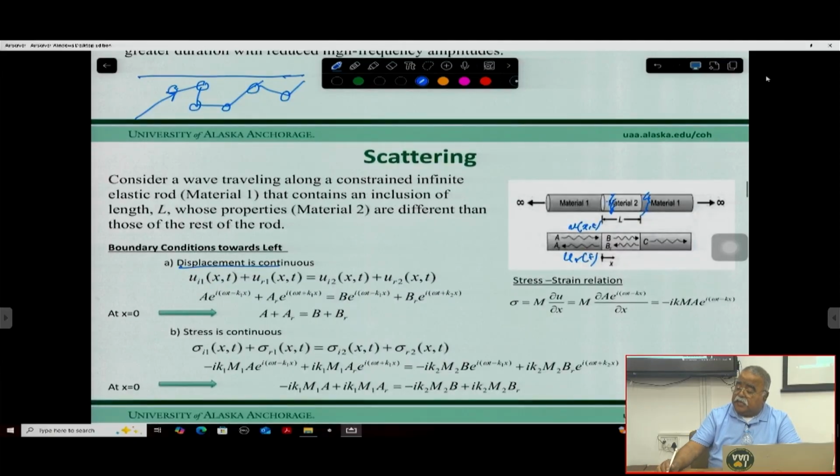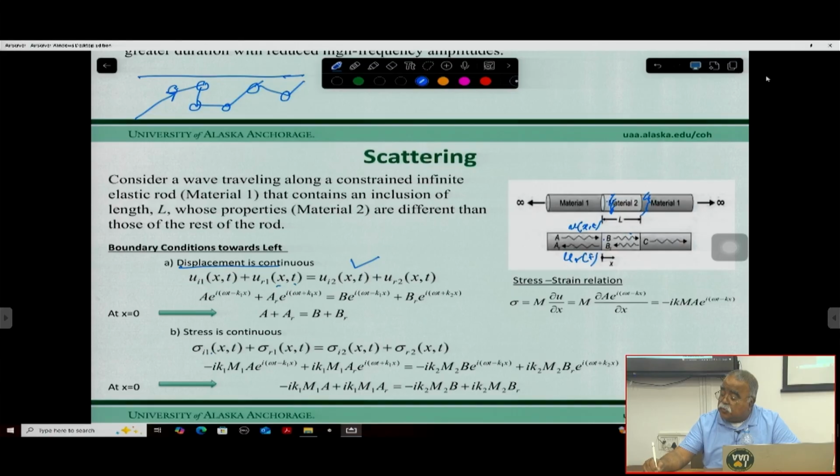The stress is continuous, because across the surface the stress is also continuous. So if you can do that, that means this is the same equation: this much of energy is going there, and this is coming back. So that will be equal to u1(x,t), and then this one is equal to v(x,t), and the displacement, velocity, sorry, I take it back.